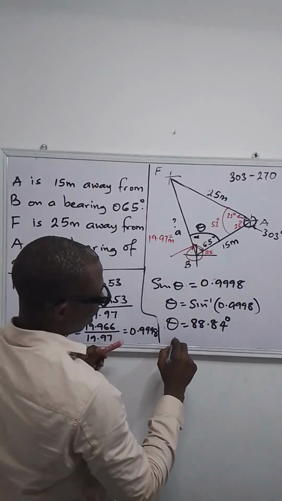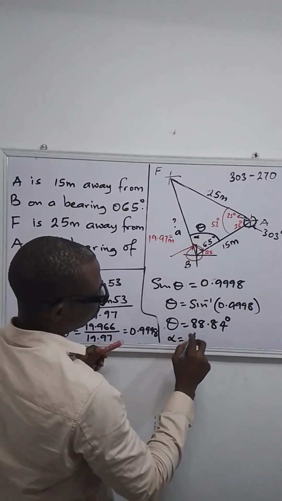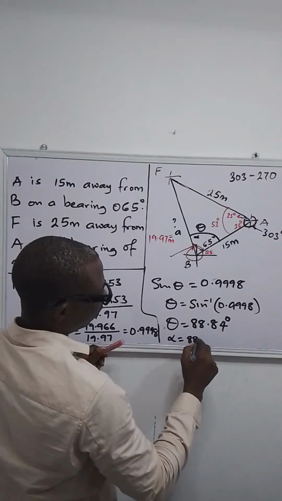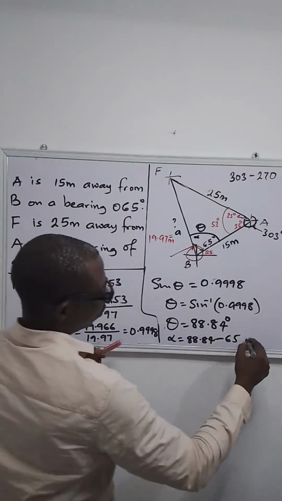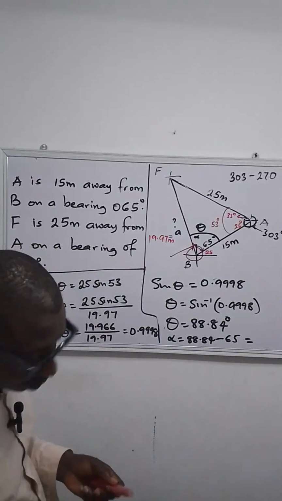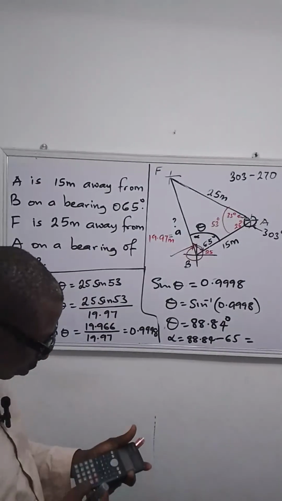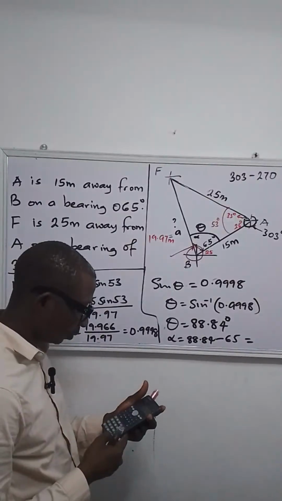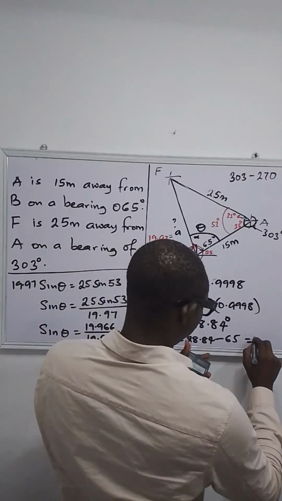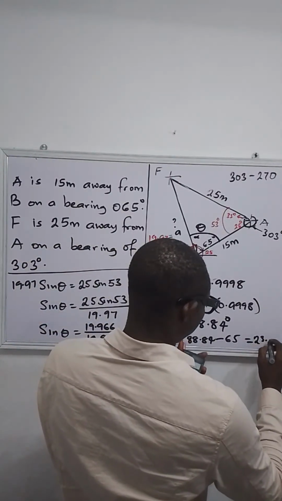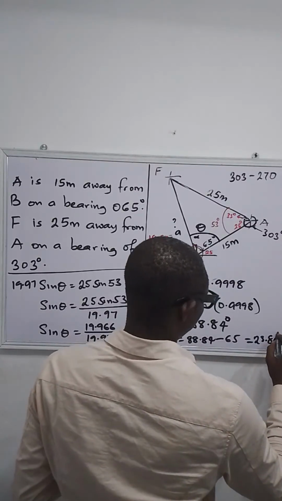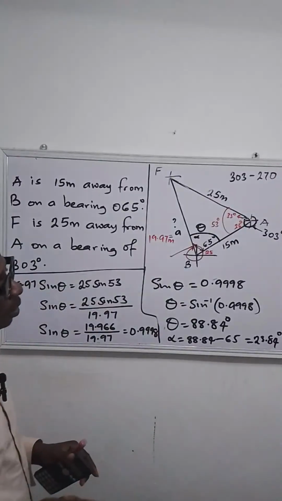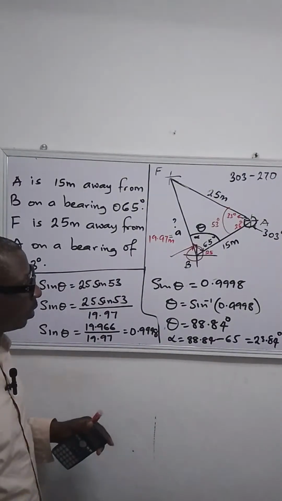So we have alpha equals 88.84 minus 65. When you subtract that, what do you have? You have 23.884 degrees. All right, so that's what you have.